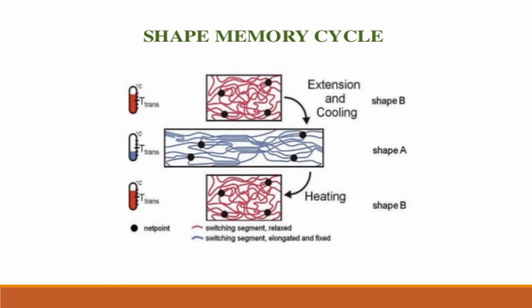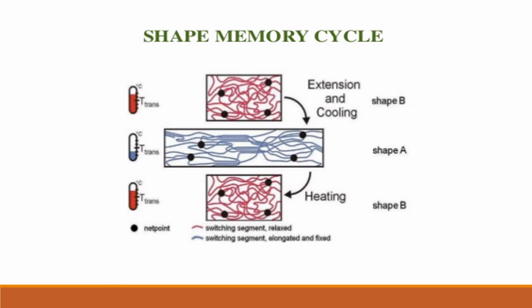See that particular slide. I have a polymer with a shape A. In that shape A, the polymer is elongated or stretched, but by applying temperature change, that means by heating or cooling, I could make these polymers coil.